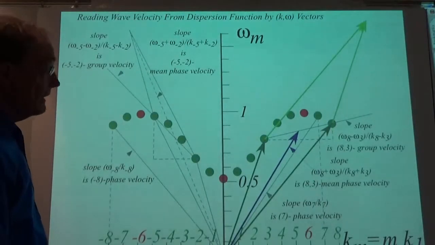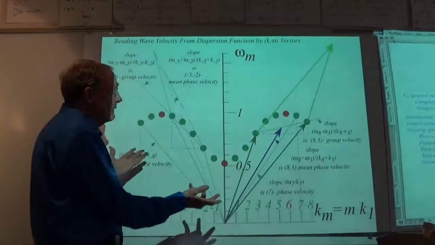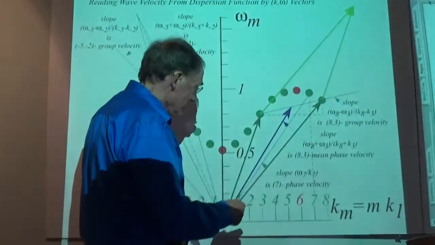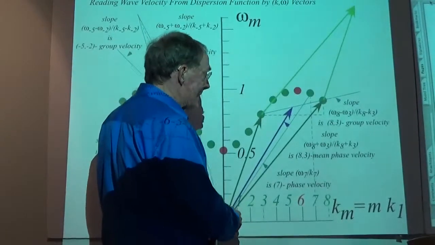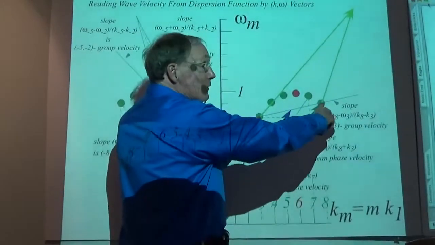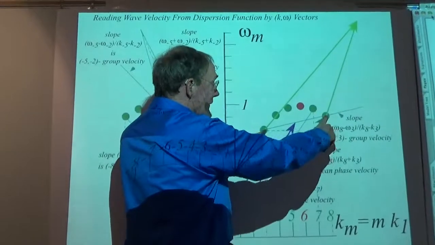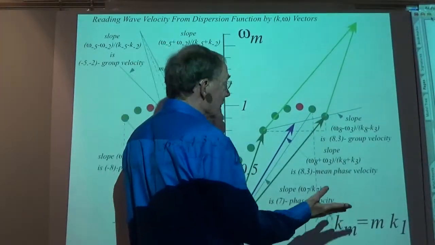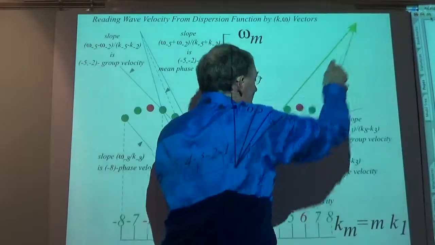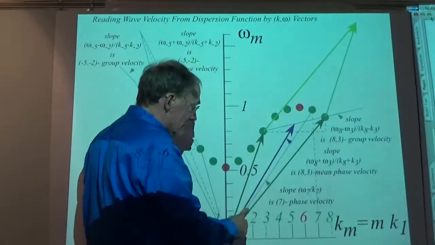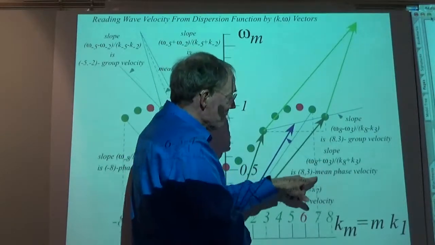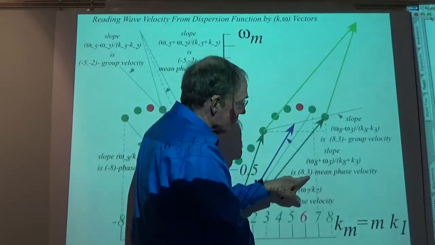Now the idea is to analyze what's going to happen if I pick two of these states, for example. If I pick these two, then I've got a vector here and I've got a vector there. I'm going to take the sum, which would be here, but I'm going to take half the sum. So that's going to be my phase, my mean velocity for an 8-3 combination.